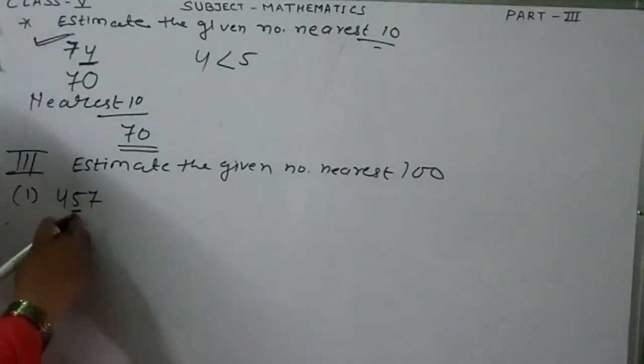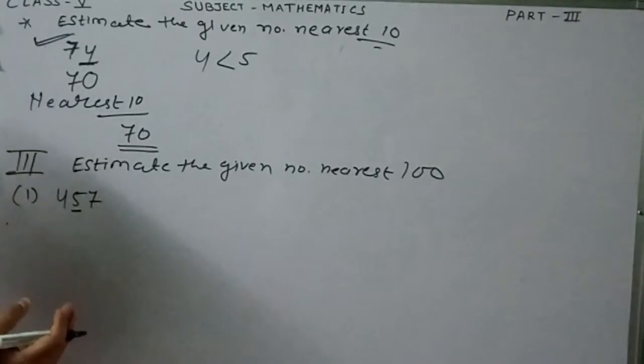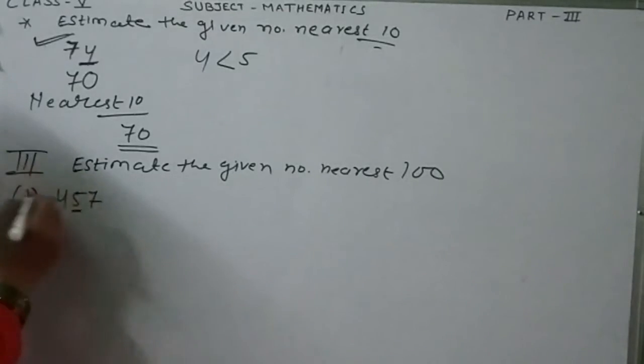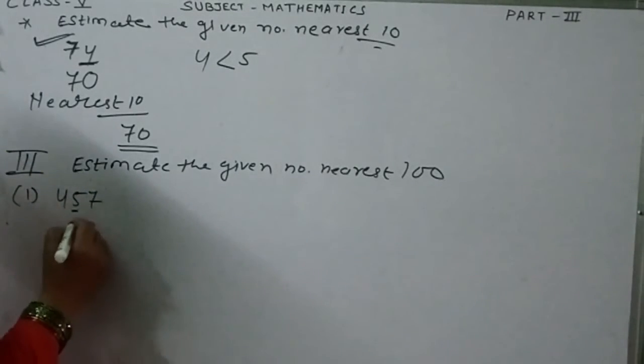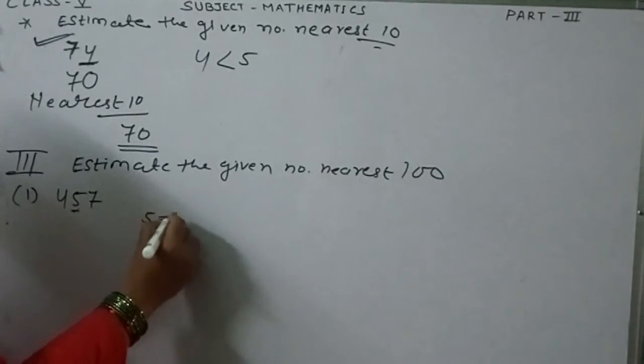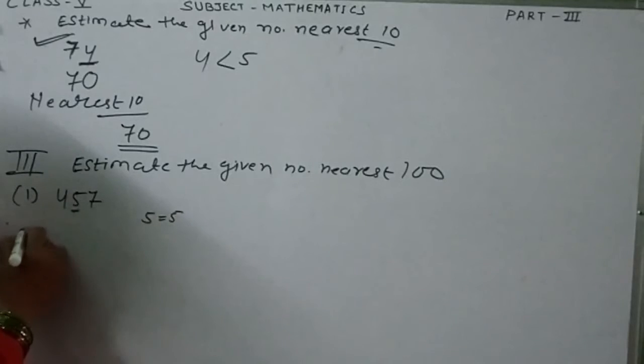If it is greater than 5 or equal to 5, then you add one more to the next digit. Here the tens digit is 5, and 5 is equal to 5. So what will be the estimated value of 457?